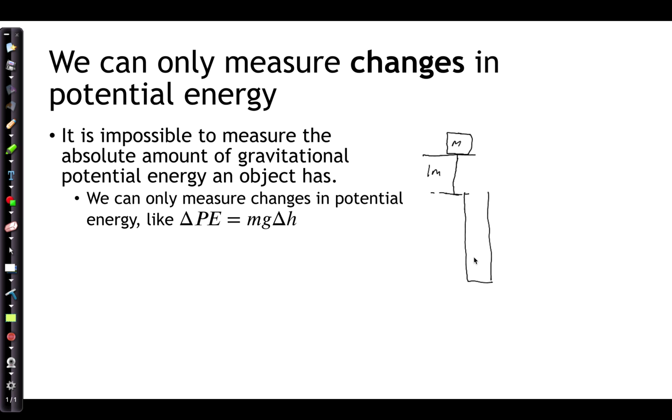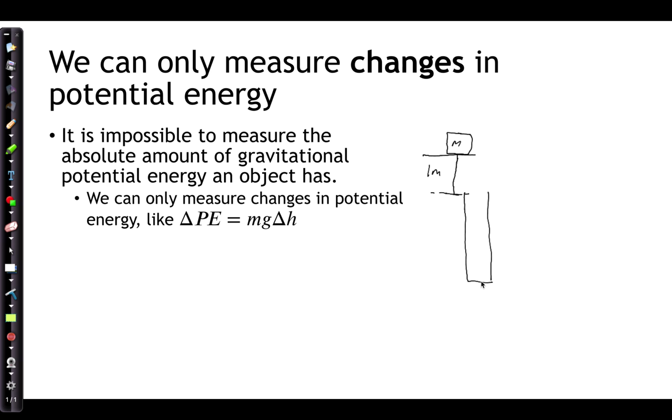And yes, it could fall down deeper, and when it fell down deeper, it would lose more potential energy. Yes. But I'm trying to explain the reason why we can't actually measure the absolute amount of potential energy that that object has there sitting on the table, because you can't really define how far it could fall.